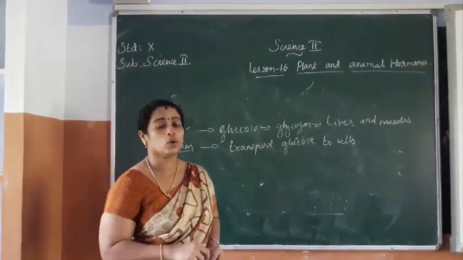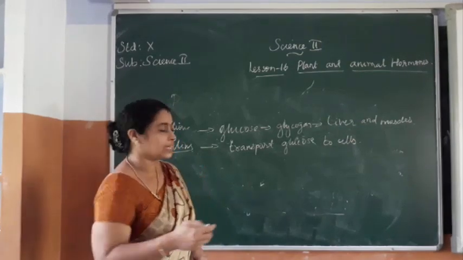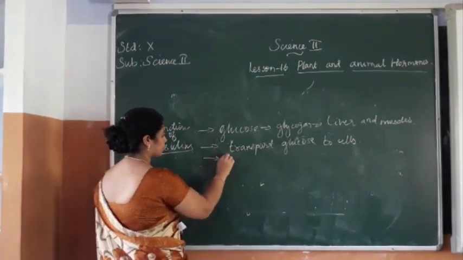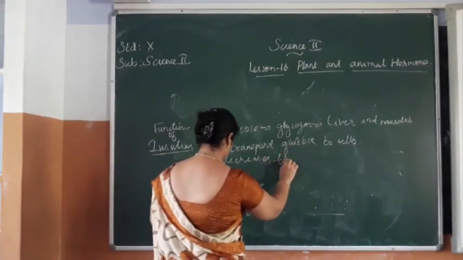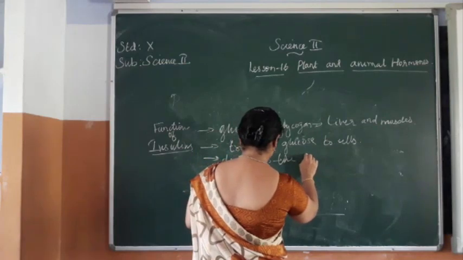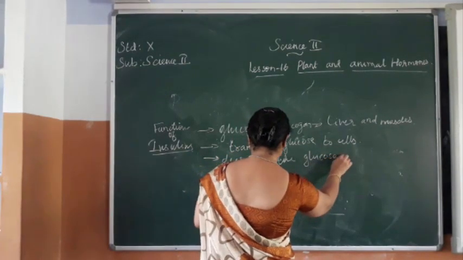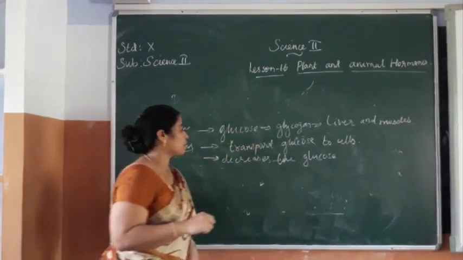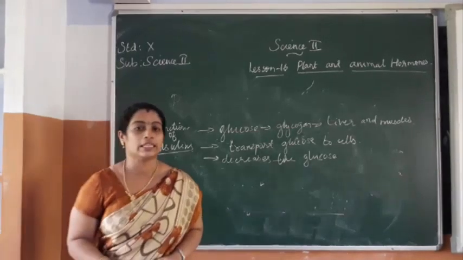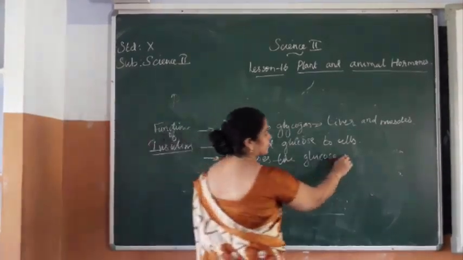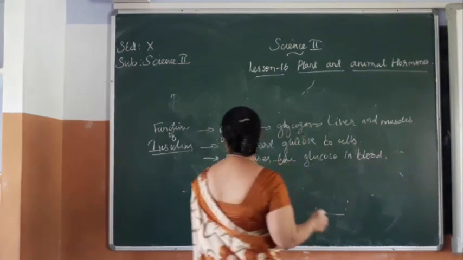Then, it decreases glucose, the concentration of glucose in the blood. So these are the three functions of insulin.